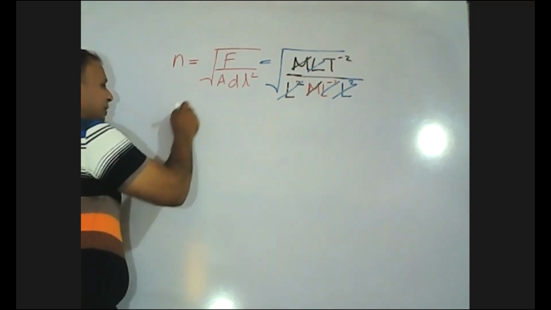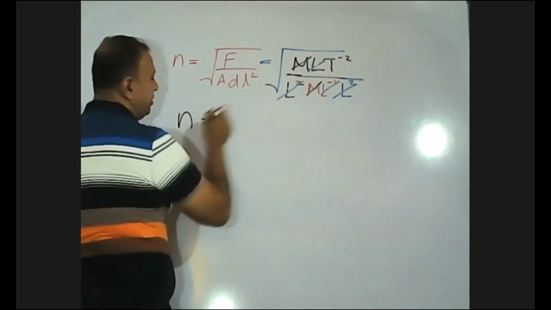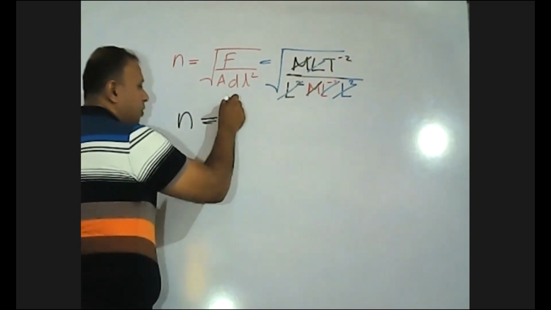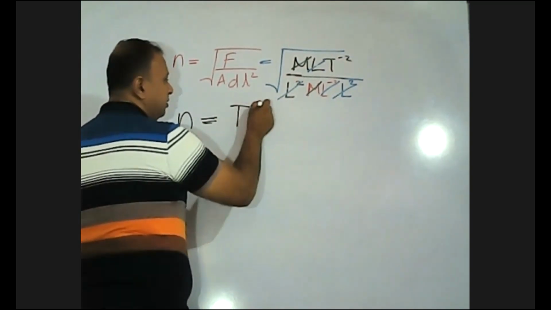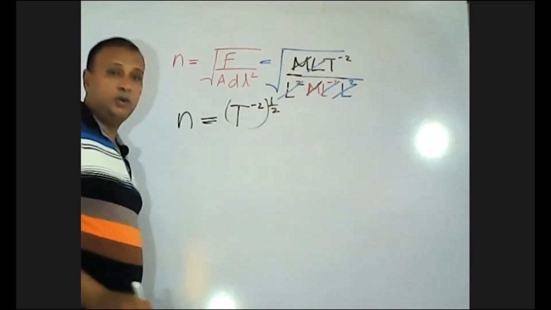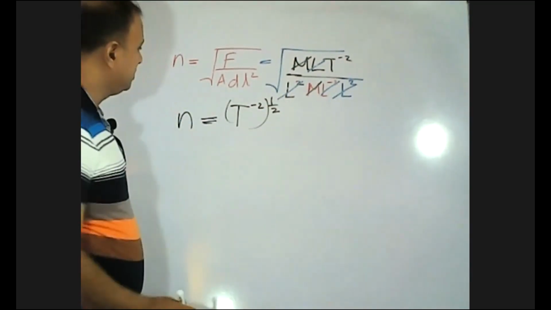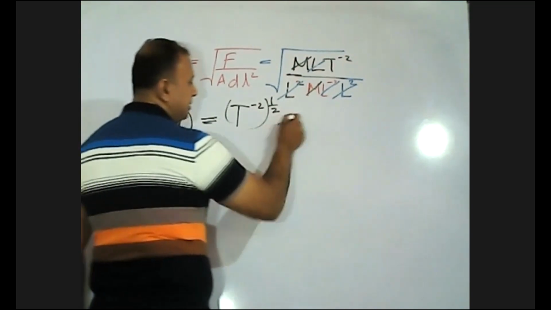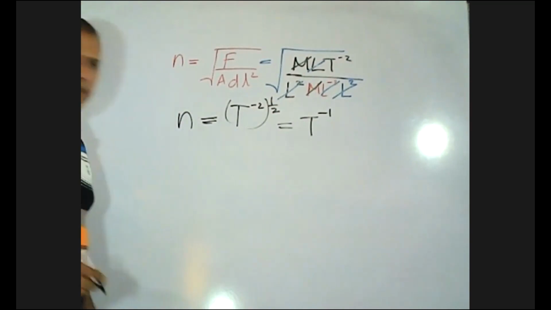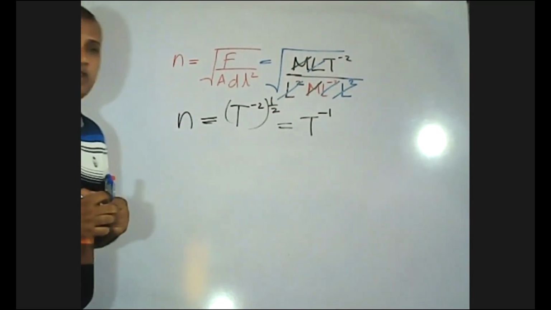So N is equal to, if you take the square root of T minus 2, the square root means the half power. That means T minus 1.